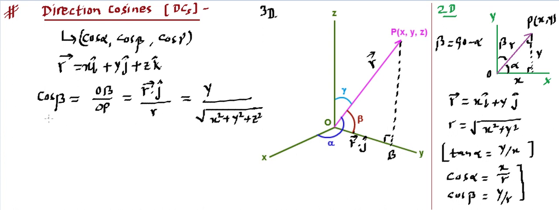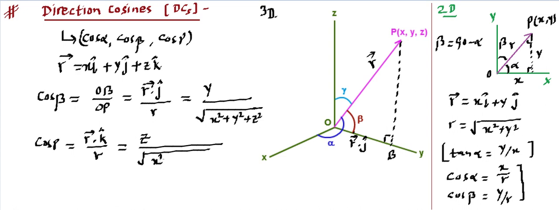Once you have understood the value of cos beta, cos gamma can be identified with a very similar logic. So cos gamma will be R dot k cap divided by magnitude of R. So if we know the vector, we will do this dot product and divide by this, which will be basically the k coefficient divided by the magnitude of that vector, that is the square root of x square plus y square plus z square.